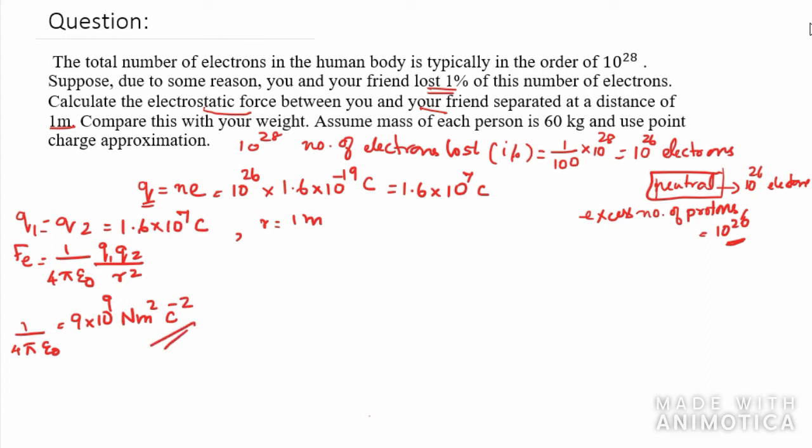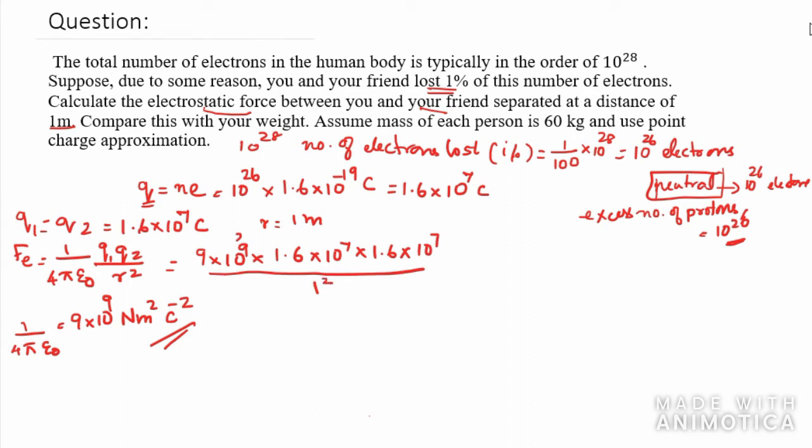Substituting the values, 1/(4 pi epsilon naught) is equal to 9 into 10^9, and Q1 is equal to Q2, so 1.6 into 10^7 into 1.6 into 10^7 divided by r square, the square of the distance between them.